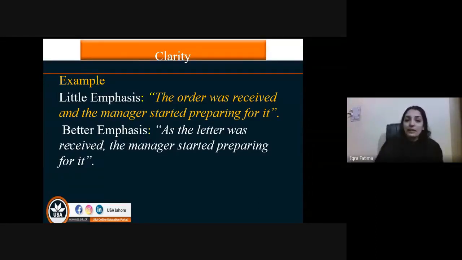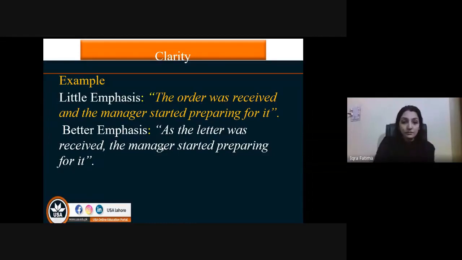By putting this word "as," we put an emphasis on that particular verb. Now, if you read both these sentences, you can see the difference, that just putting the word "as" in that, we have made that sentence more clear.